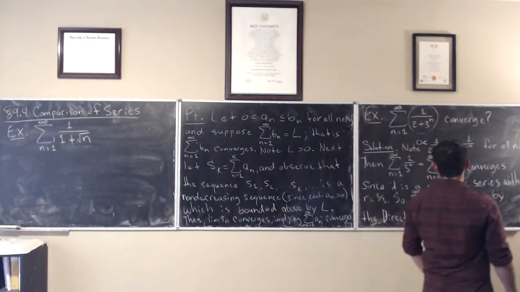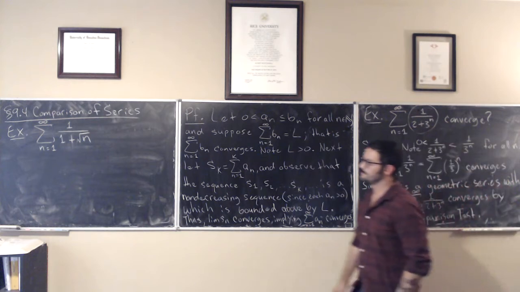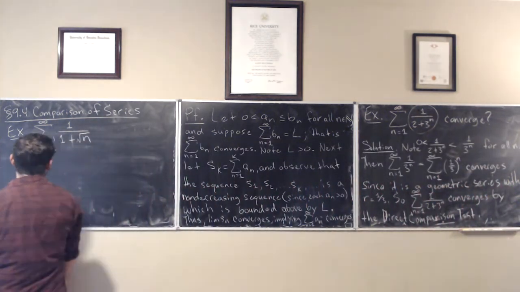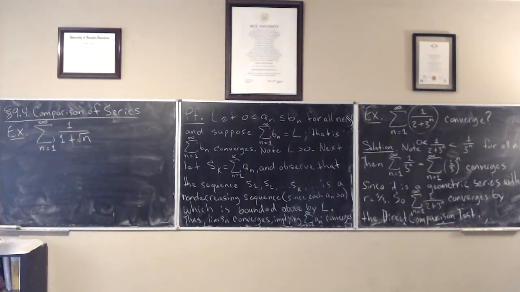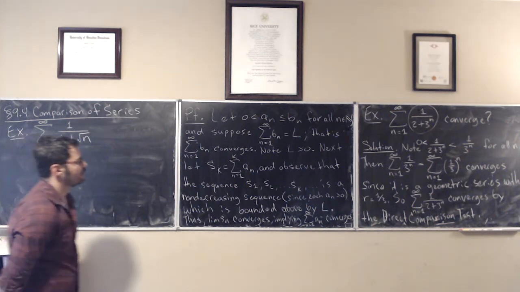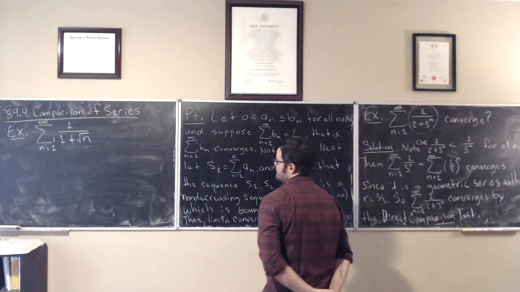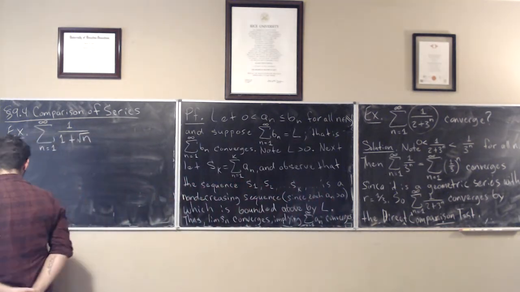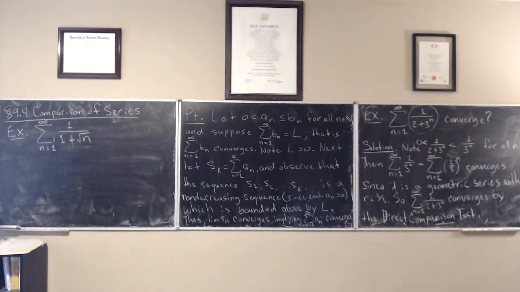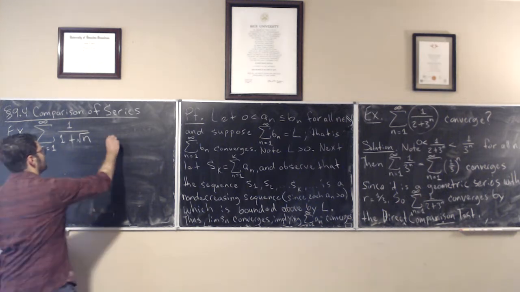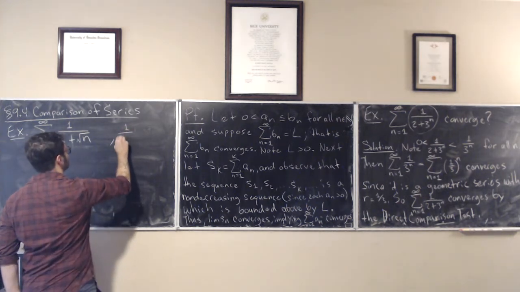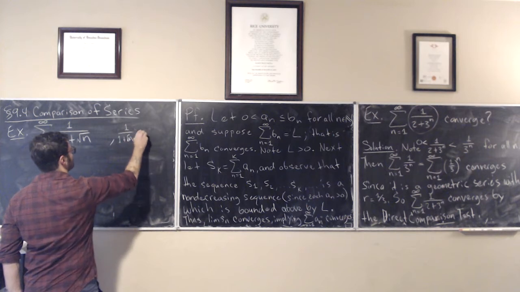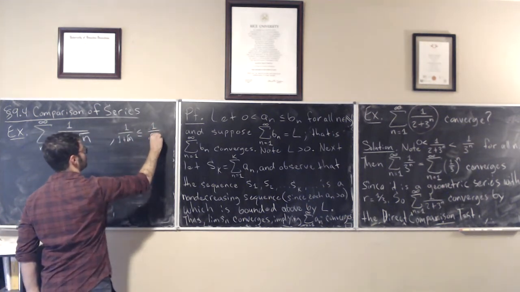Now, if we tried the same trick and looked at maybe 1 over root n, then what would happen here? You wouldn't get any information out of it, right? Because if we compared, 1 over 1 plus root n is at most 1 over root n.